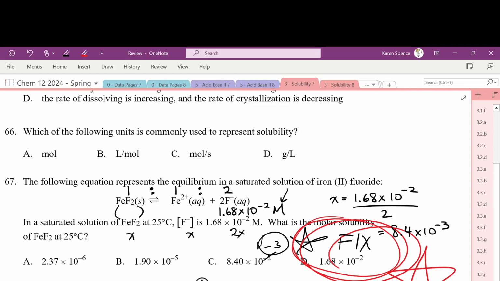Okay, 83. Increase by adding HCl. So hydrogen reacts with hydroxide. Because hydrogen and hydroxide make water, it's a neutralization.